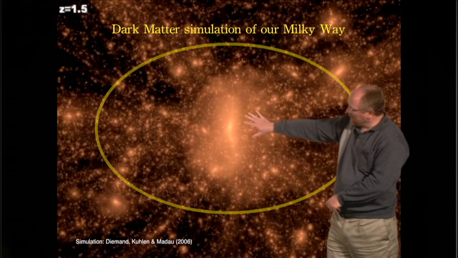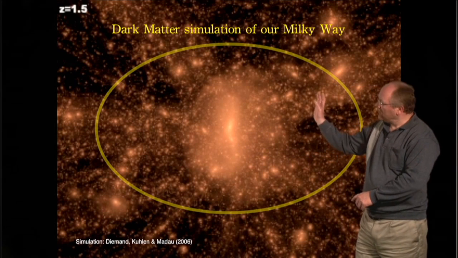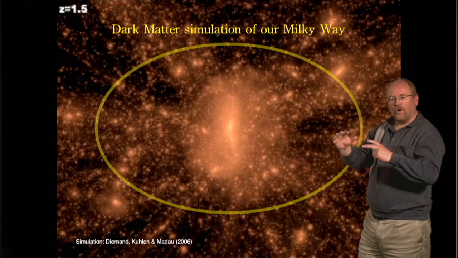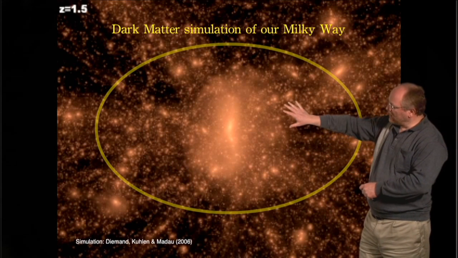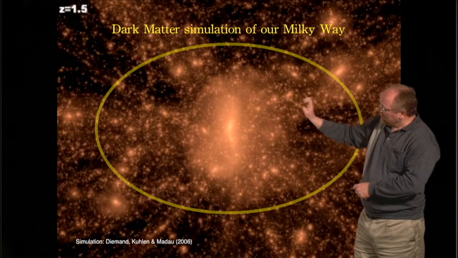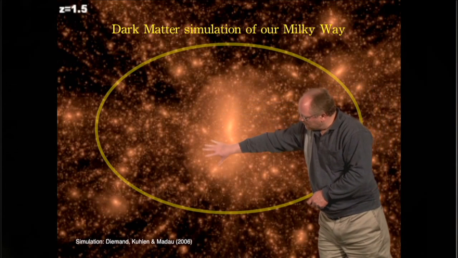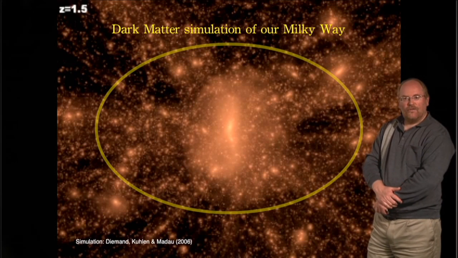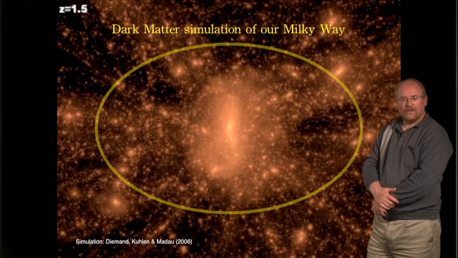So here, this is all dark matter, although it's shown here in bright colors. It's actually the dark matter that slowly forms over time. That's a time movie. It shows you how these different dark matter halos accumulate and merge together to form a Milky Way halo. Let's start the movie.